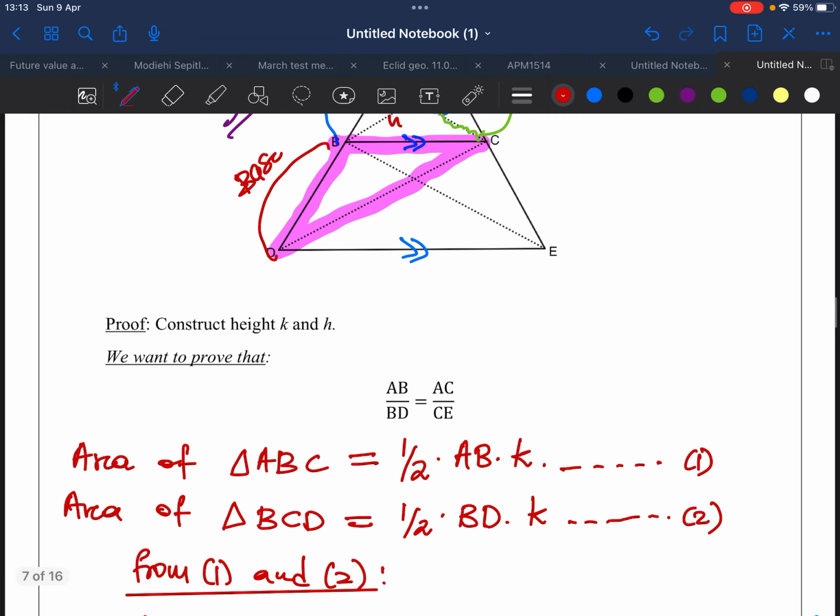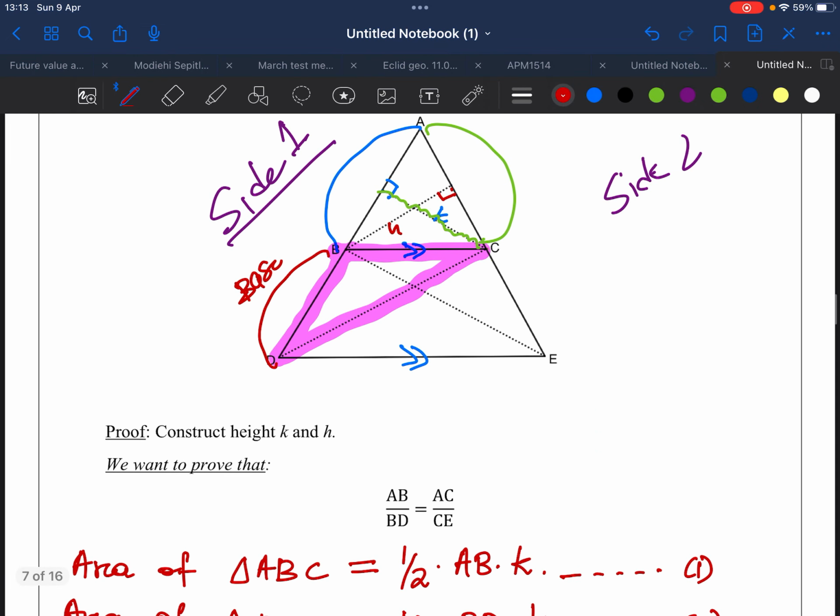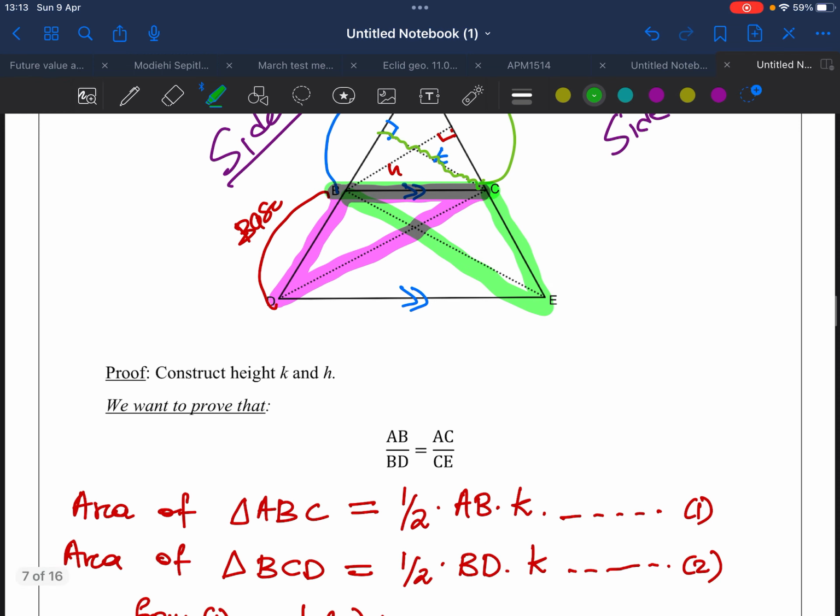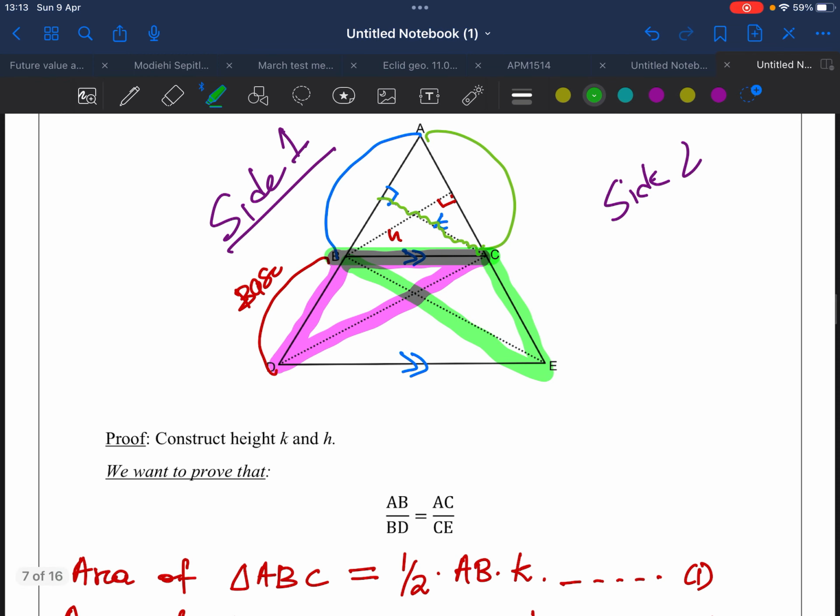Now we will find the area of this one, the area of BCE. We will use height H there, because it shares height H with triangle ABC from side 2.